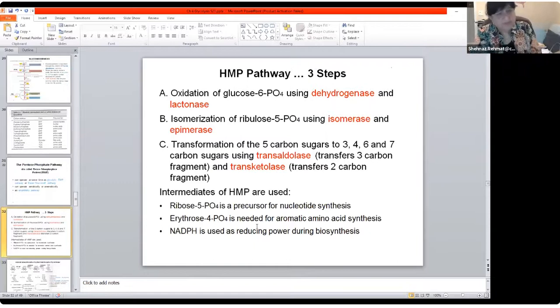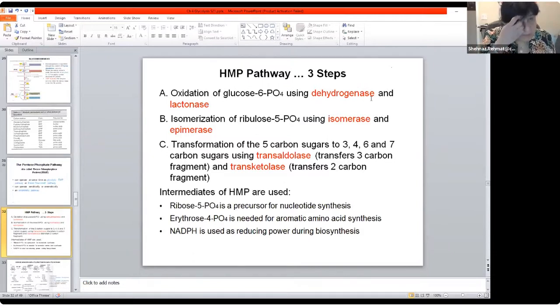Now we can break down this pathway into 3 steps, very easy. Just like we did 2 steps for your EMP, we break this down into 3 steps. First, oxidation of glucose 6-phosphate, remember your precursor, of course, the main one that will enter into the HMP or EMP is glucose 6-phosphate. So oxidation of glucose 6-phosphate will occur at the first step, using the enzyme dehydrogenase.